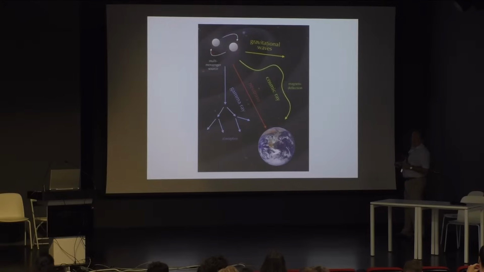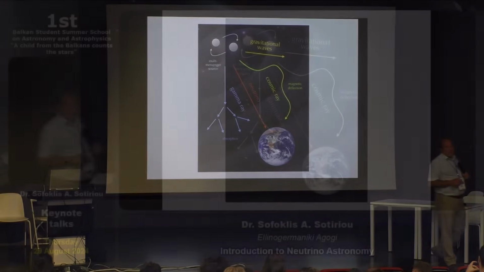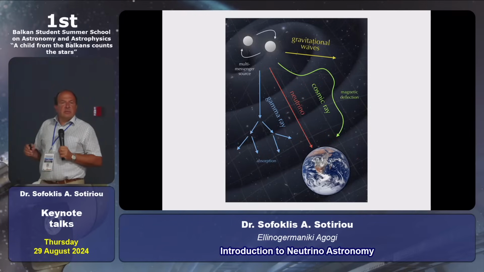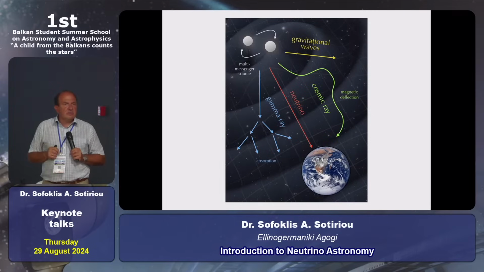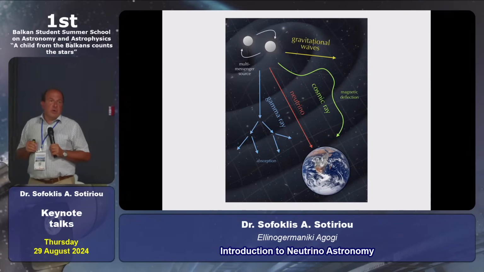There is a significant production of neutrinos in this kind of event, and while the other carriers of information are failing to arrive on Earth, neutrinos are the ones that can bring us this information. They are traveling in a straight line. Nothing can stop them. They are crossing the mass like light is crossing glass. And in this way, we can see further away.